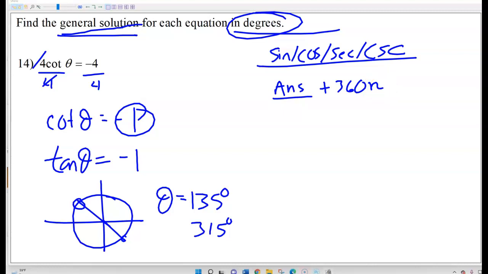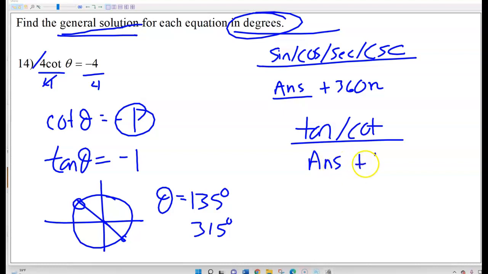And the reason that works is because if you take your answer and you add 360 to it, you just get a coterminal angle that matches it exactly. But if you're dealing with tangent and cotangent, it's a little bit different. You take the answers that you got and you add 180 to it.